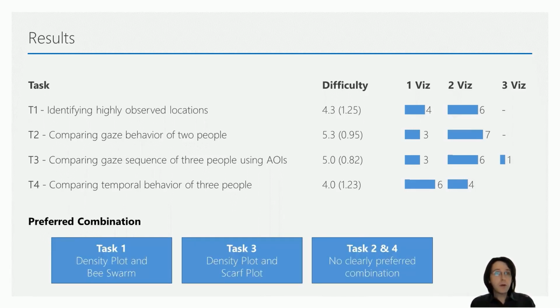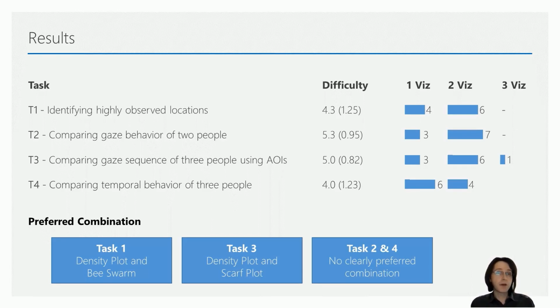For task 1, identifying highly observed areas, the main preferred combination was a density plot together with a bee swarm. For comparisons based on the areas of interest, participants mainly combined the density plot with the scarf plot.